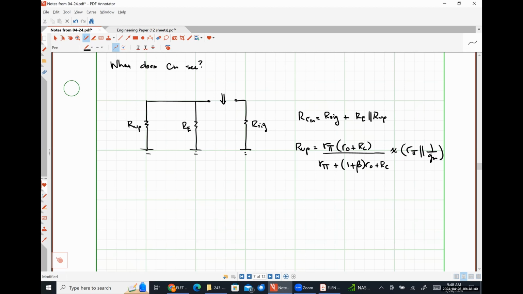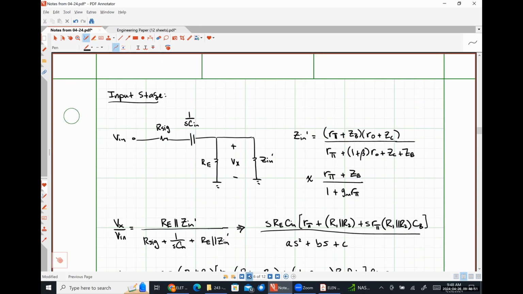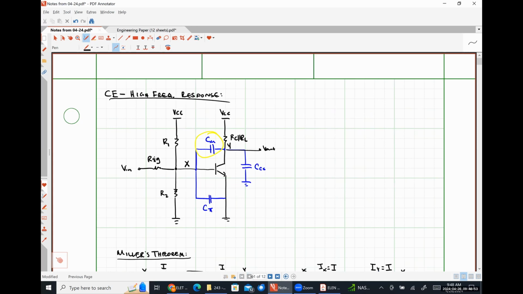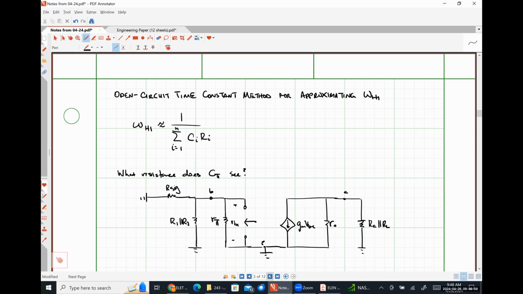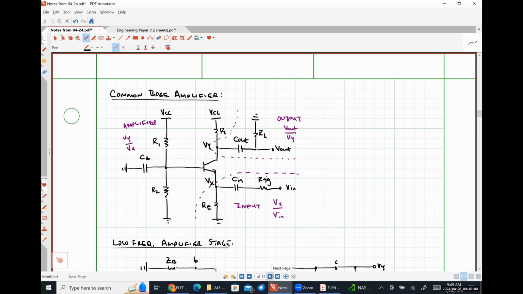Now let's look and figure out what CB sees. So CB is connected between the base node and ground, right?